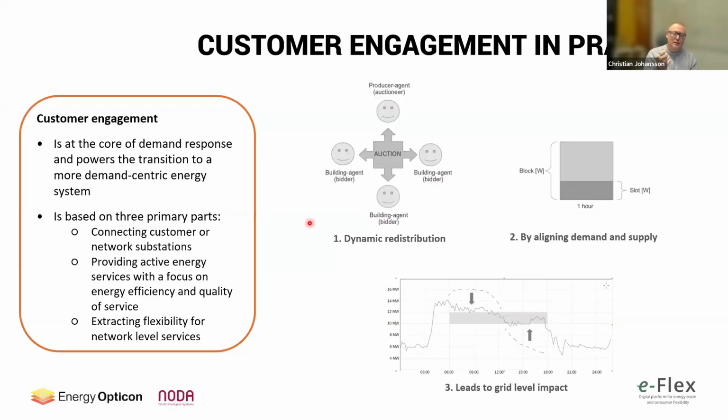And the currency they're using in this auction process is deviations from their normal indoor climate. This is why it's so important for the system to have this self-learning understanding of what's going to happen, because then the systems can automatically bid, and the currency is the deviations of the indoor climate, which is calculated in advance by the system.